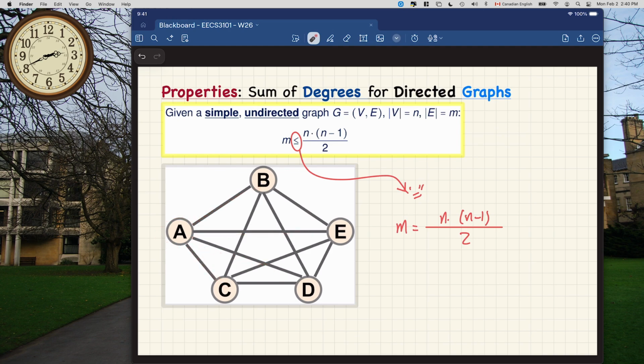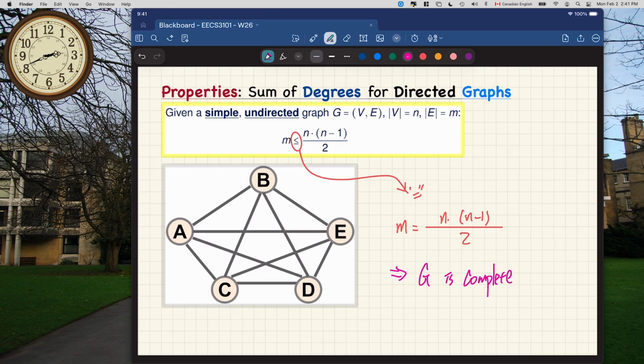That's why it's n minus 1. We briefly spoke about that at the end last time. And if you have this equality holding, that means the maximum possible edges, you call this graph complete.